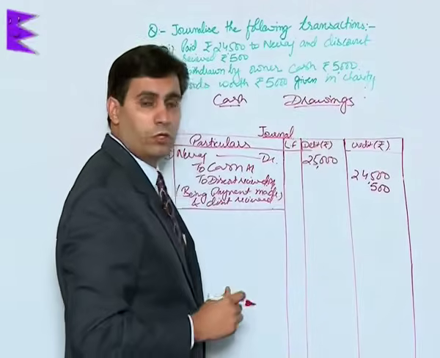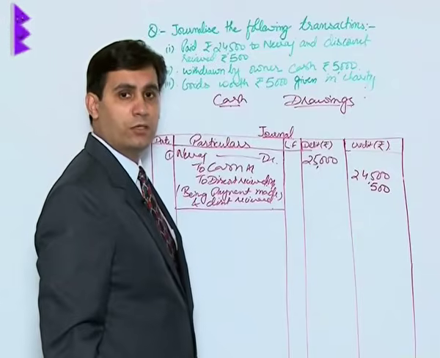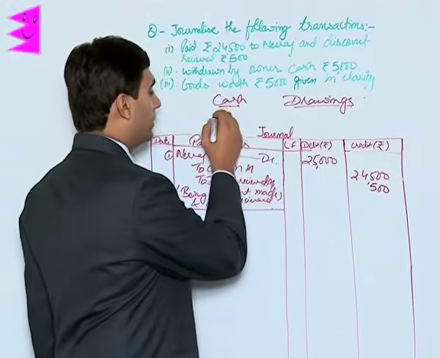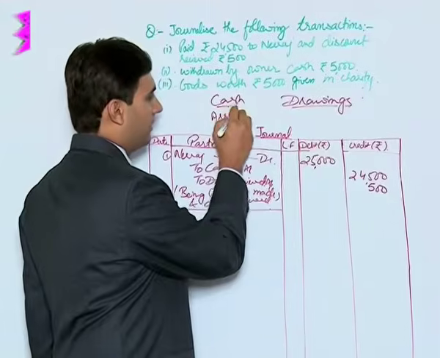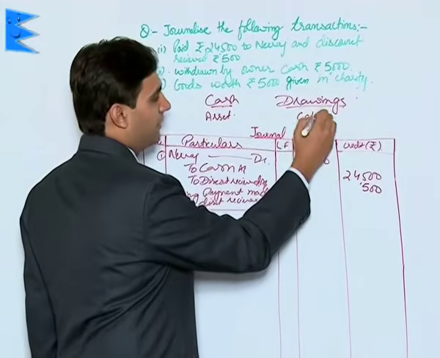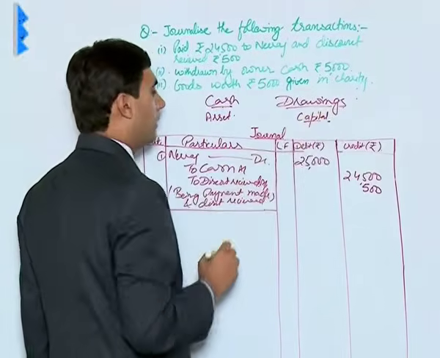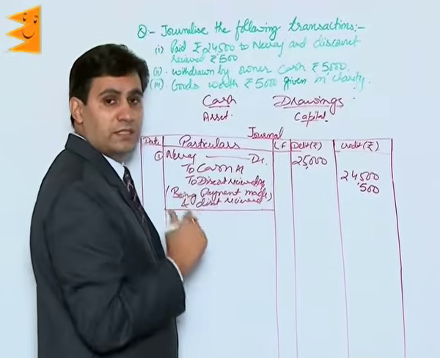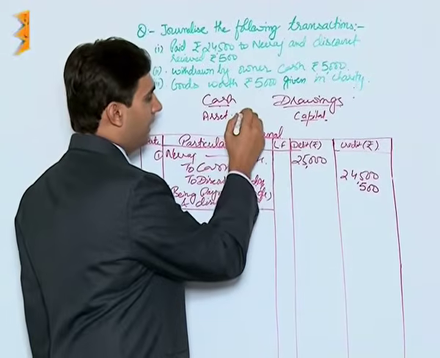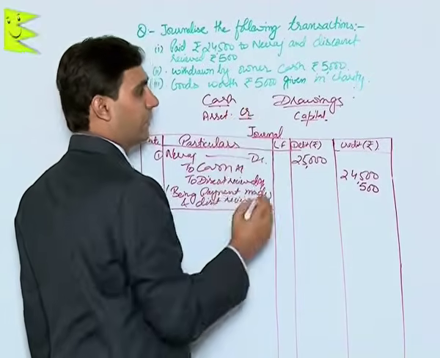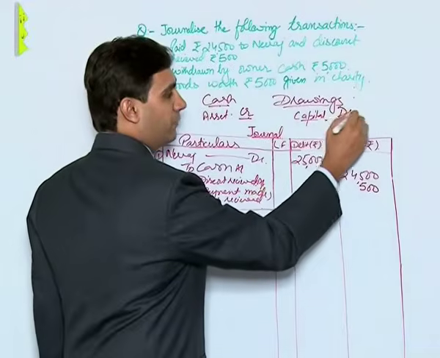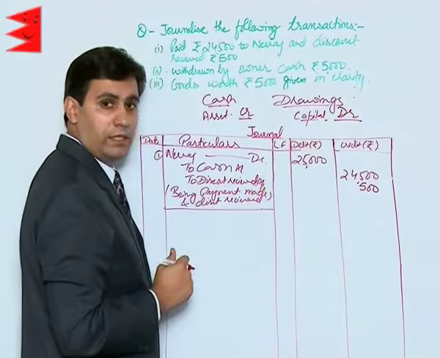Any amount withdrawn by owner is categorized as drawings. Now students, under classification, cash is an asset and drawings will come under the classification of capital. Applying rules, since cash is decreasing, so any decrease in asset should be credited and correspondingly this account would be debited.